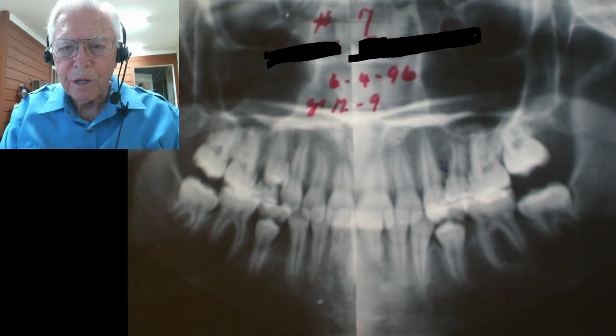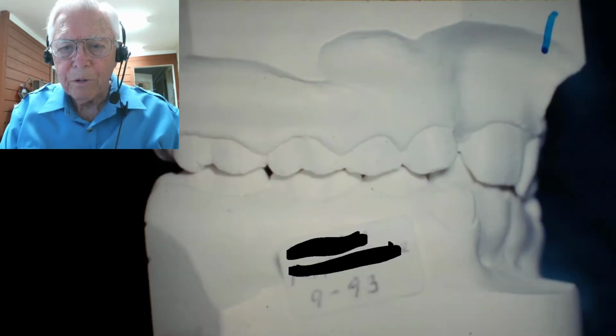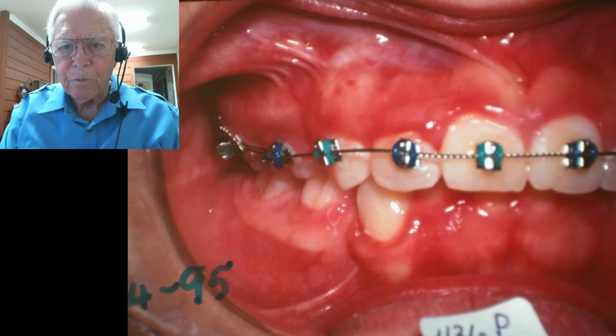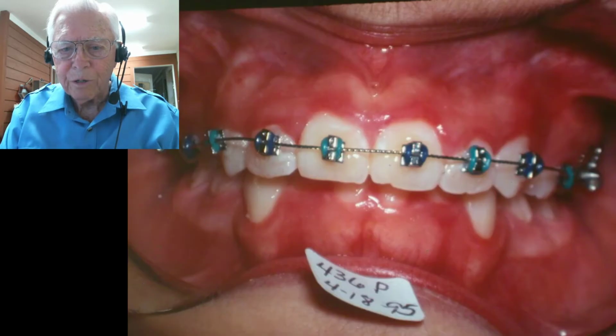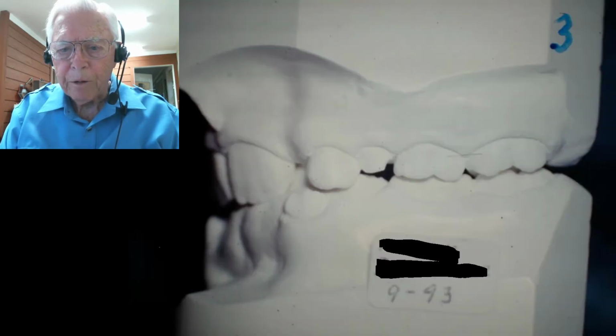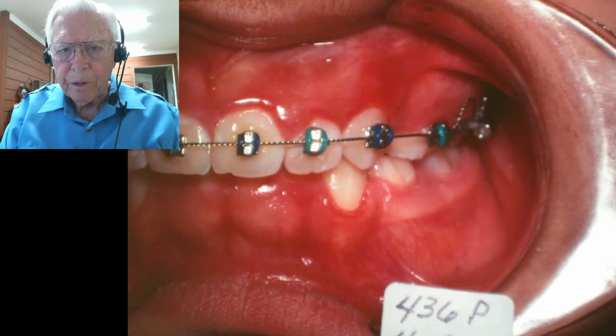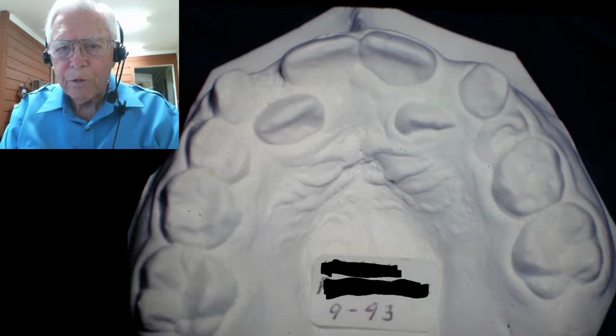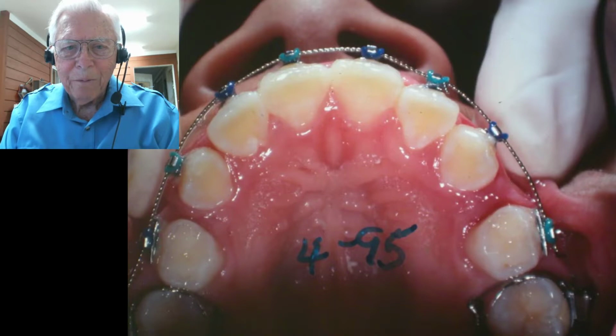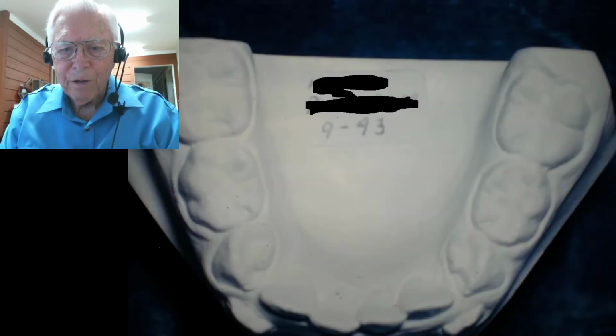This is 1996, and here are the models showing it from '93 to '95, and after we did the cyst, that's '95 again, '93 and '95. Here these laterals are behind. Of course, that's just a simple orthodontic jumping of a crossbite or something like that. And we've got that fixed up back in '95.